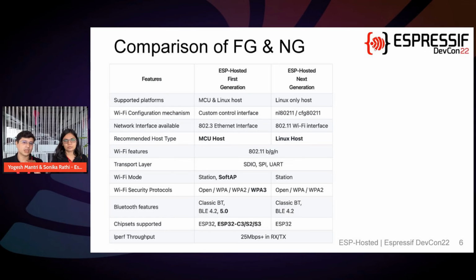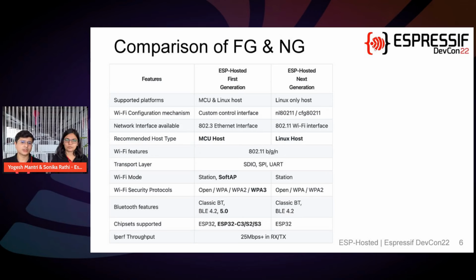Wi-Fi configuration mechanism. As we discussed, in first generation we are giving the custom control interface or control path to connect to your Wi-Fi. And in case of next generation, it is NL80211 or CFG80211 based, or WPA supplicant based connection. Right.